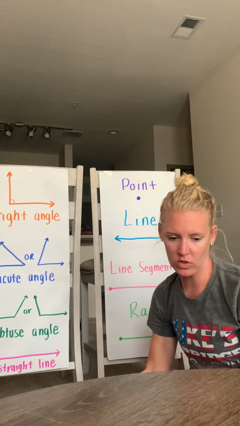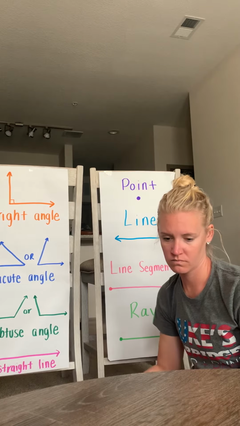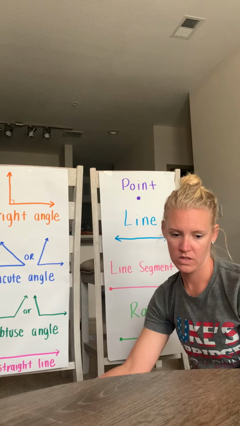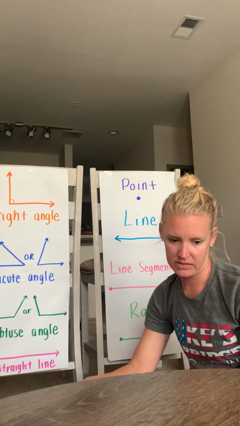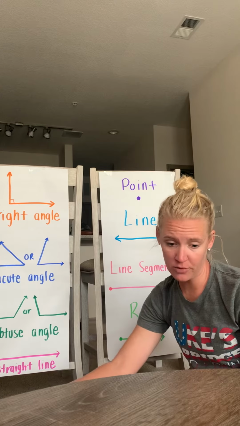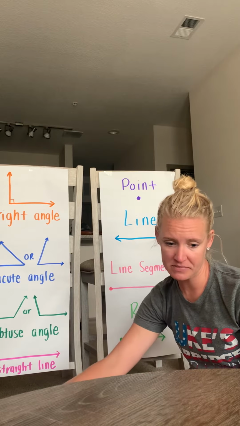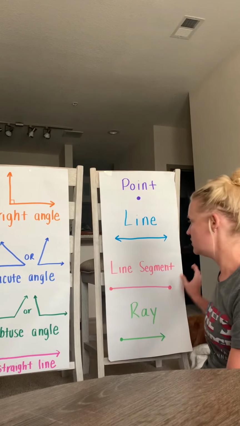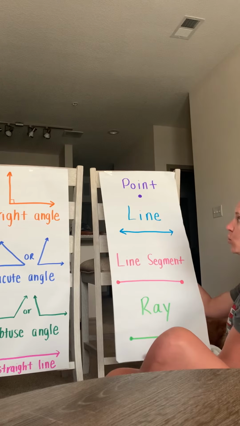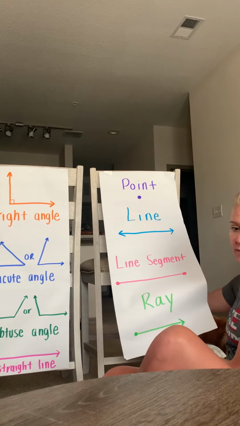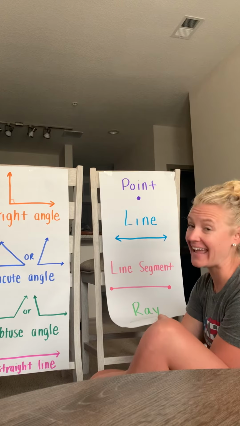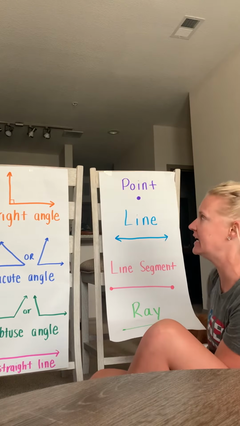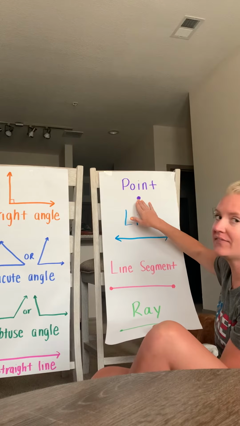Okay, so number 1. Number 1 is, what geometric term describes a part of a line that has one endpoint? So which one of these has one endpoint? Remember, you're drawing a line, so it has to have a line in it. A point does not have a line.